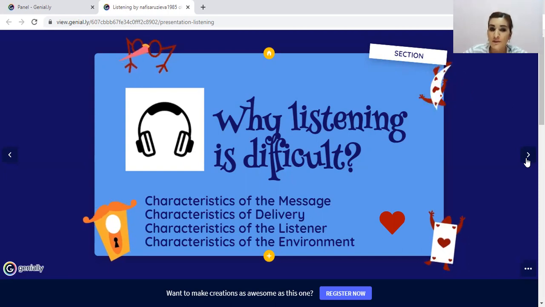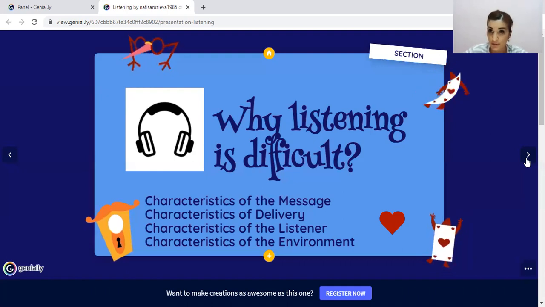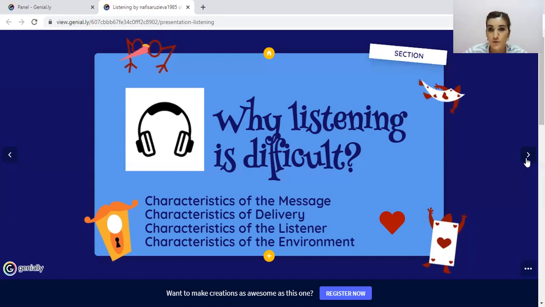And characteristics of delivery. It means who is talking. If it is a man, woman, or children's speech. So we should pick all the listening tasks according to our students' level.